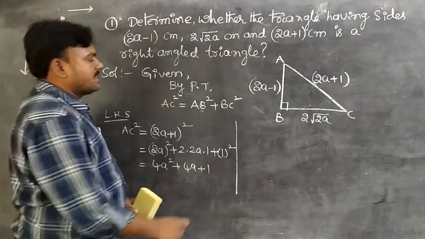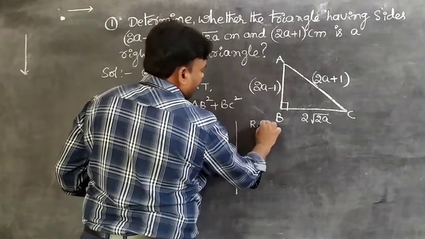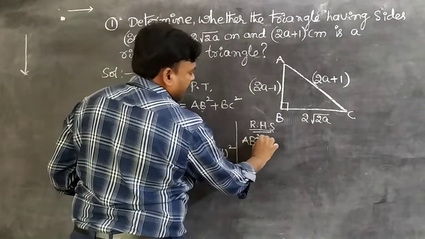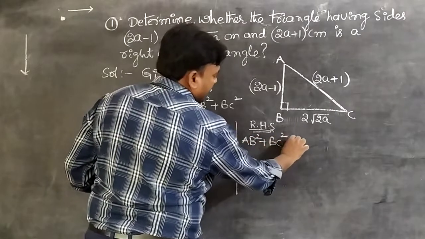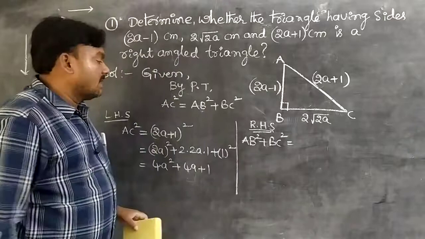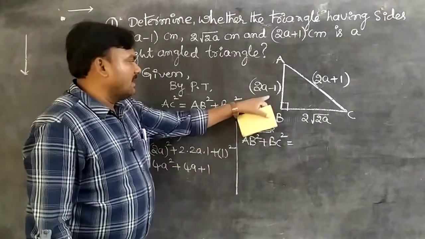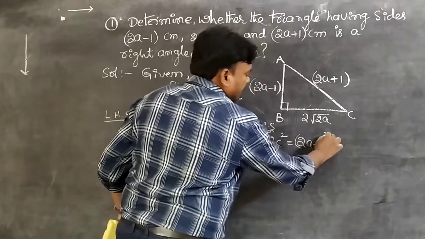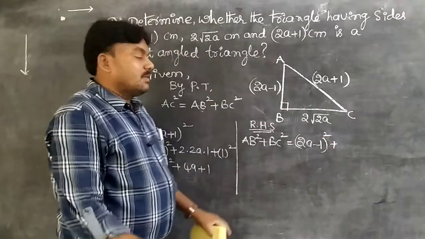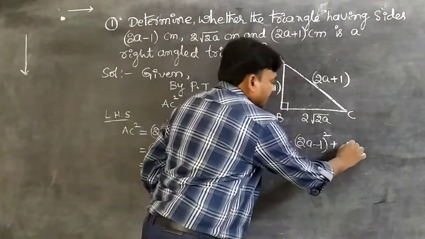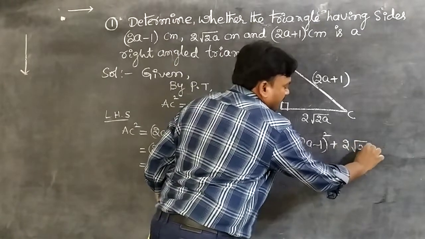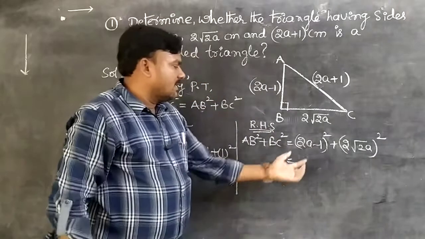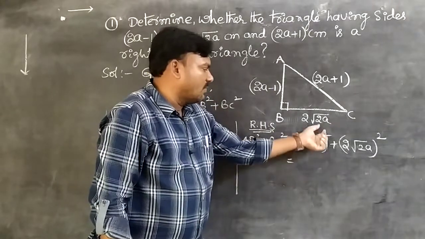And go for the RHS part. RHS is AB square plus BC square, students. What about the AB value? AB value is 2a minus 1 whole square, plus, and also observe the BC value, that is 2 into root 2a whole square. The first one is in the form of a minus b whole square.